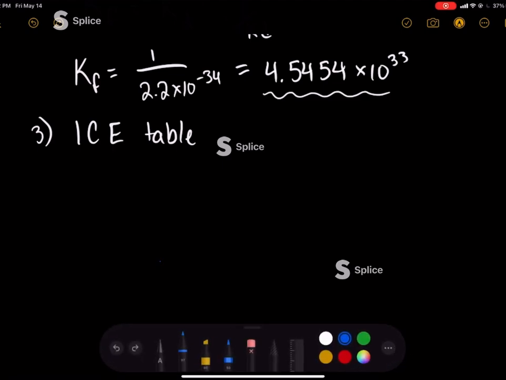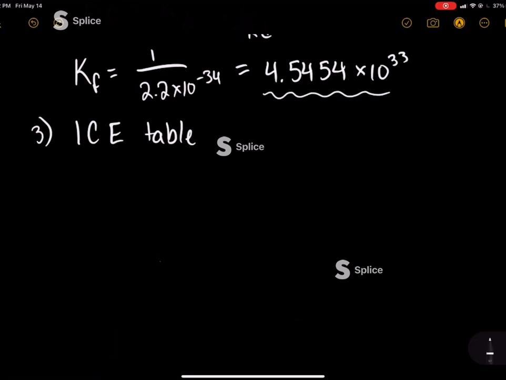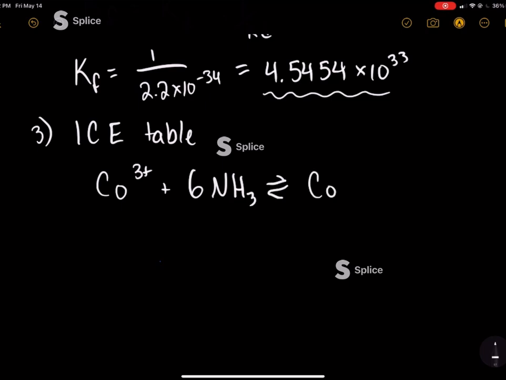We have Co3+ plus 6 NH3 yields Co(NH3)6 3+.